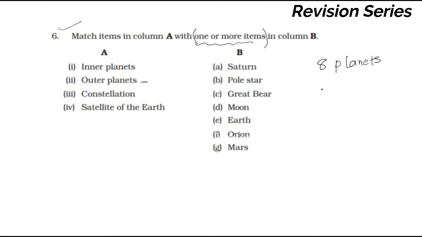The first 4 planets, those are Mercury, Venus, Earth and Mars. These are inner planets.